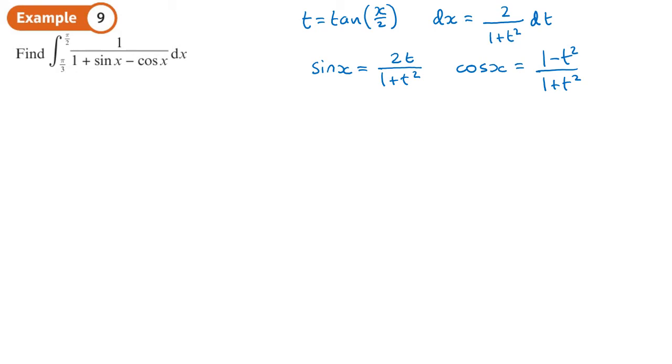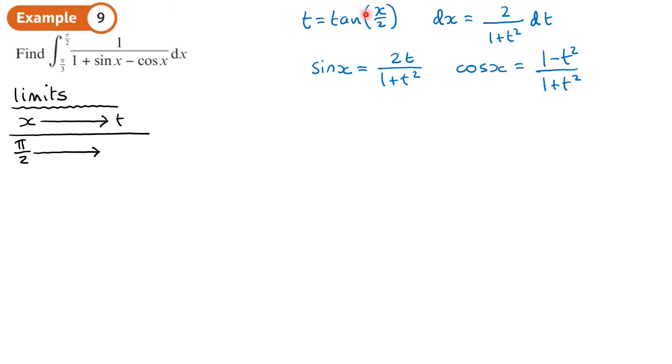Now we also need to substitute the limits as well. So at the moment, the limits are in terms of x, and we want to turn them to limits in terms of t. So the first limit, which is pi over 2, if we're going to turn that into a t limit, we substitute it into here.